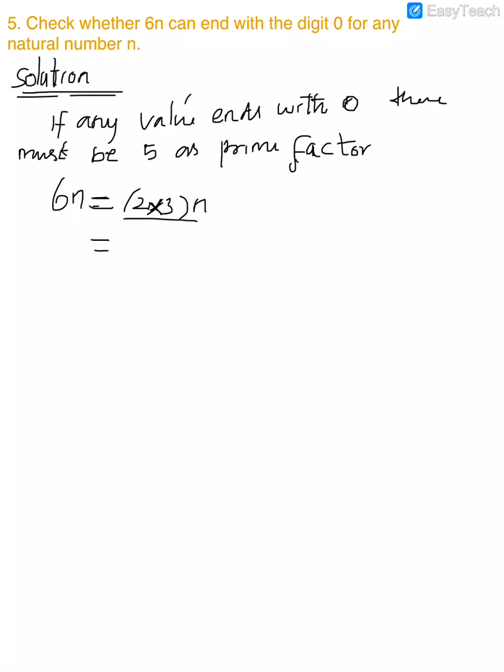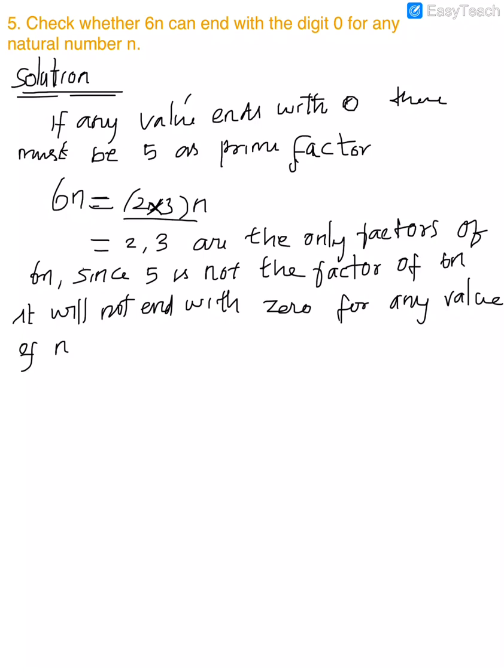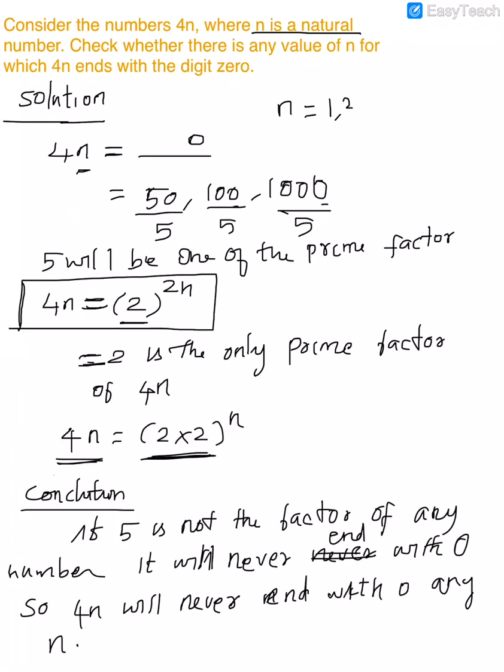So 5 is not a factor of 6^n. Our conclusion is that 2 and 3 are the only factors of 6^n. Since 5 is not a factor of 6^n, it will not end with 0 for any value of n. Sorry, here it is not the whole power, I made a mistake. You write it as 2 into 2, into n.